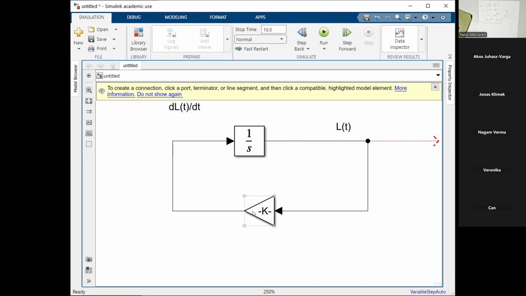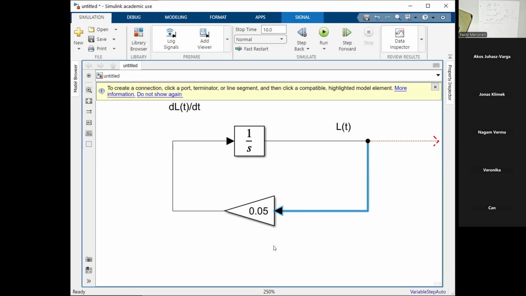But the derivative of L of t with respect to the time, in accordance with the model which I introduced mathematically, equals what in our specific case? L of t. This block here realizes the multiplication of this coefficient and this signal here. This means here we have exactly my beta multiply IL, which is in our case 0.05, for instance, multiply L of t. This loop represents the dynamics of L of t.